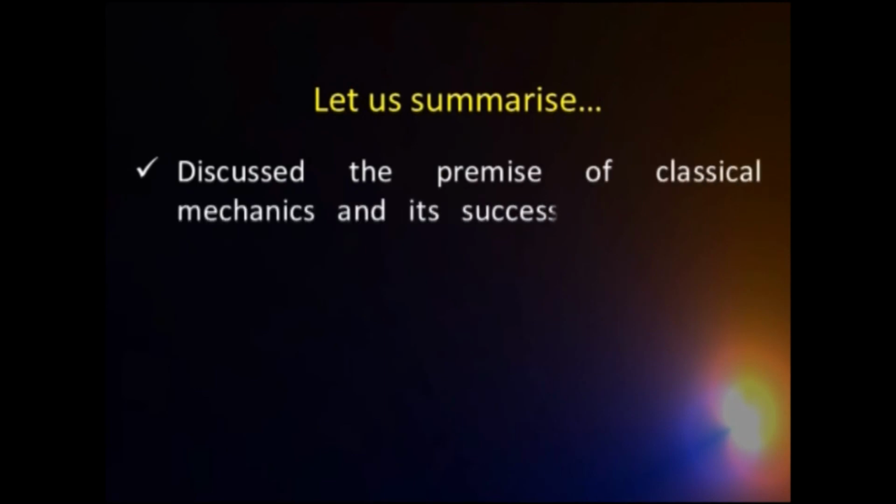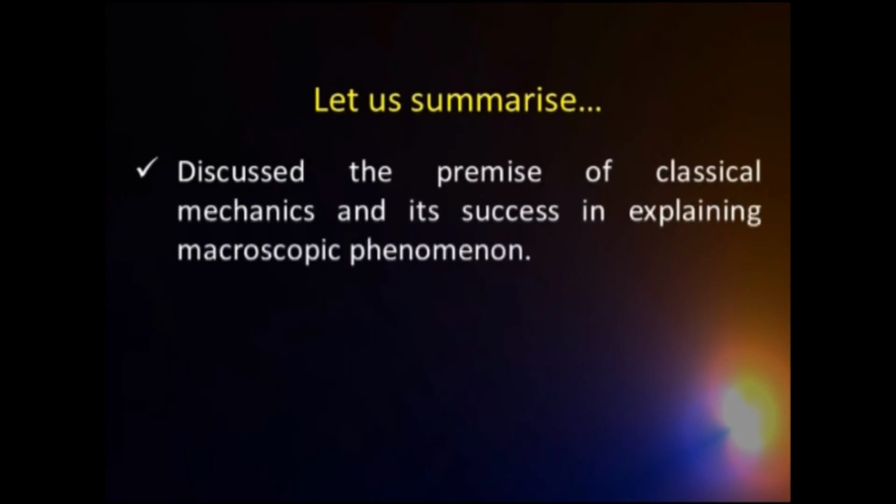Let's sum up what we've done today. We started with understanding the basic premise of classical mechanics, and on the basis of that, how comfortable we are in explaining the macroscopic observations we have with us. And thereafter, having established that classical mechanics works fairly well for macroscopic systems, we came down to two experiments particularly: one, blackbody radiation, and two, the photoelectric effect.